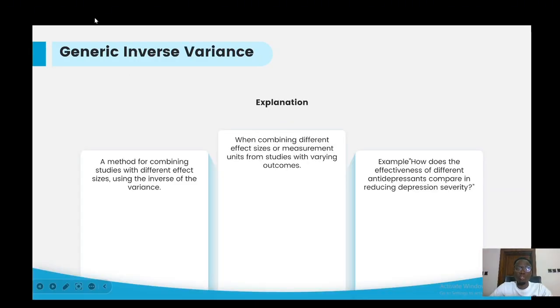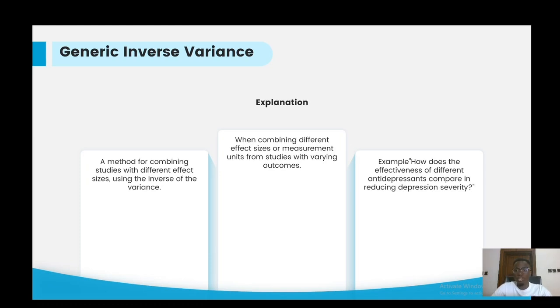Now, the same thing is going to happen here with the generic inverse variance, and how it relates. During our RevMan interface session, I think we'll understand this much better. But everything you need to know about the generic inverse variance is that whenever you put together studies that are trying to combine different effect sizes, or measurements in different units, and they've got varying outcomes, the generic inverse variance tries to combine those different effect sizes using the inverse of the particular variance.